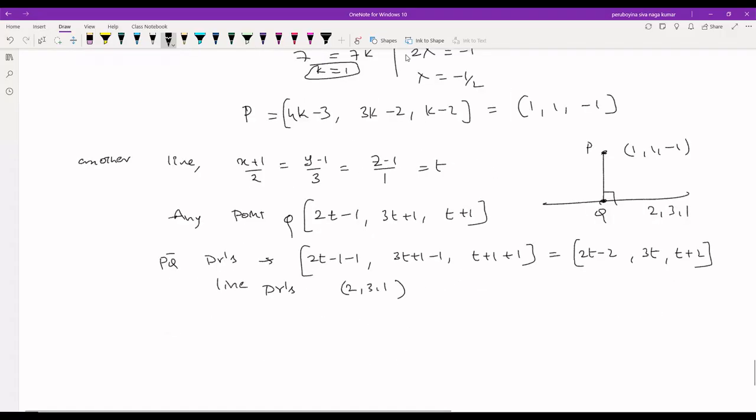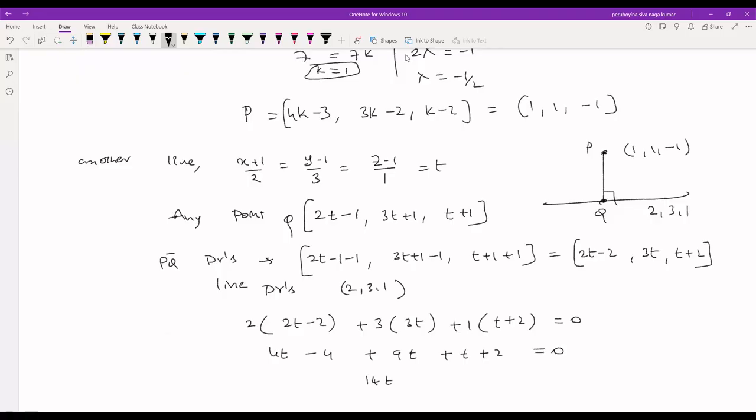Both are perpendicular, so the dot product will be 0. So 2 into 2t minus 2 plus 3 into 3t plus 1 into t plus 2 should be 0. So 4t minus 4 plus 9t plus t plus 2 equal to 0. So 14t minus 2 is equal to 0.